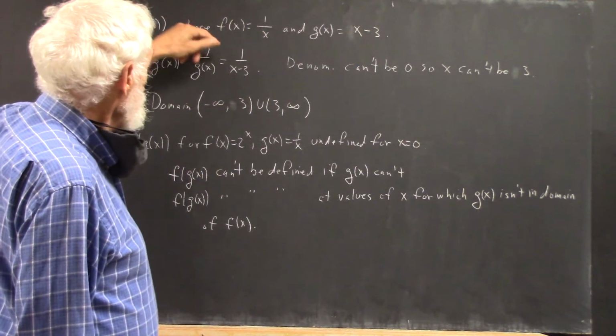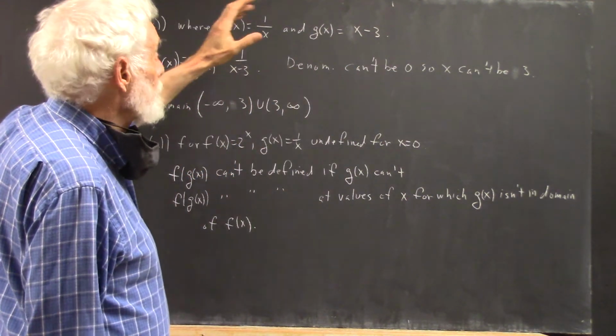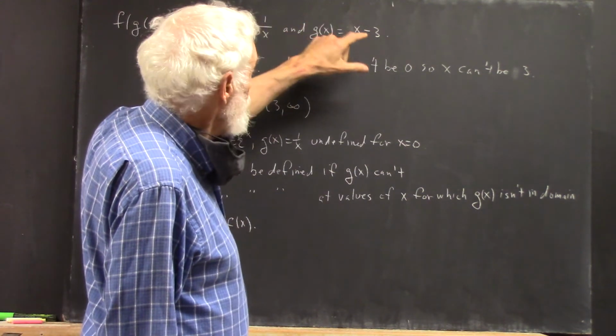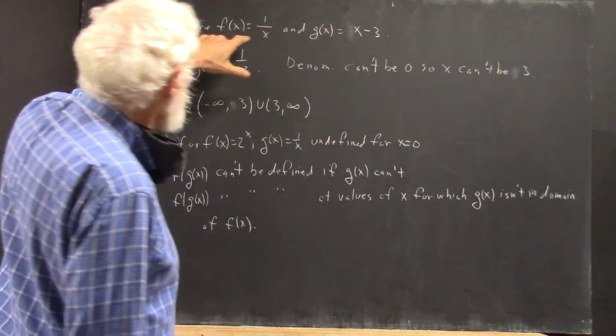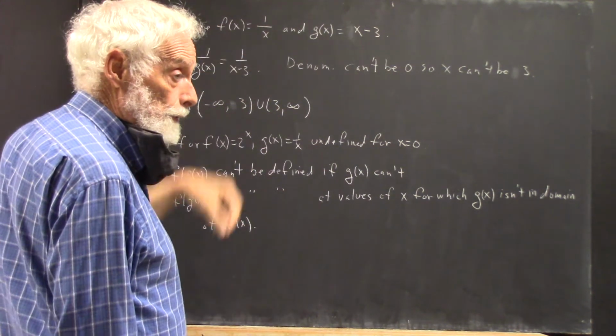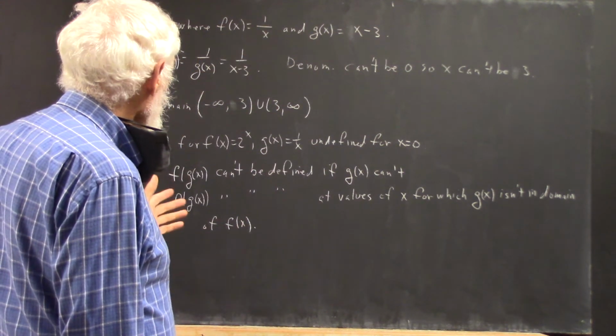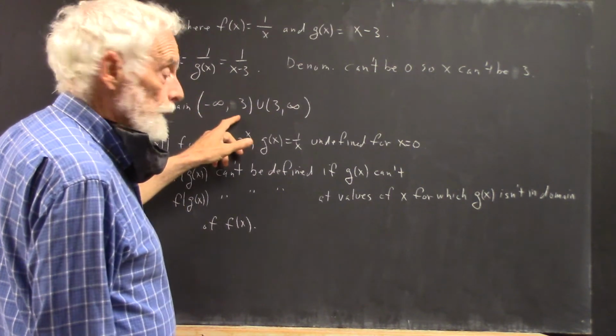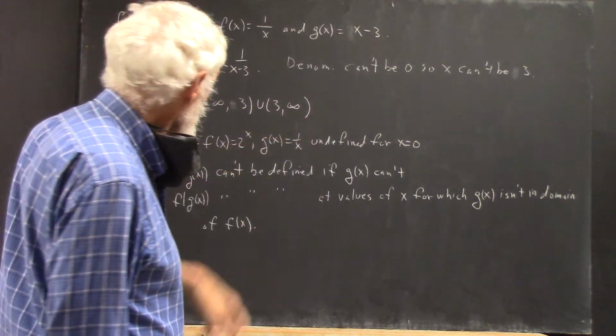You get 0, and 0 can't be used in the function f of x. So your domain would then be negative infinity, 3, union 3, infinity.